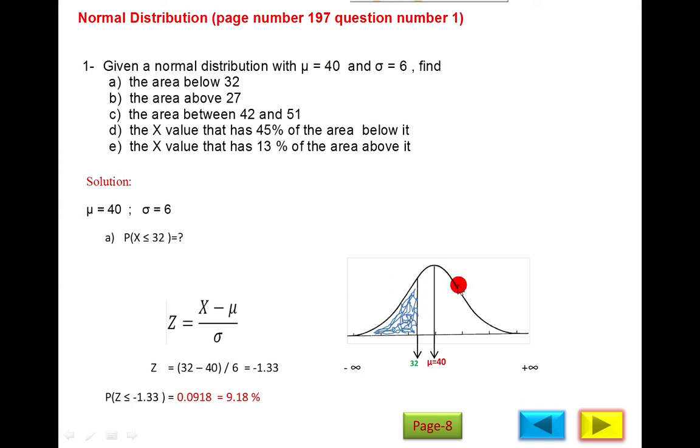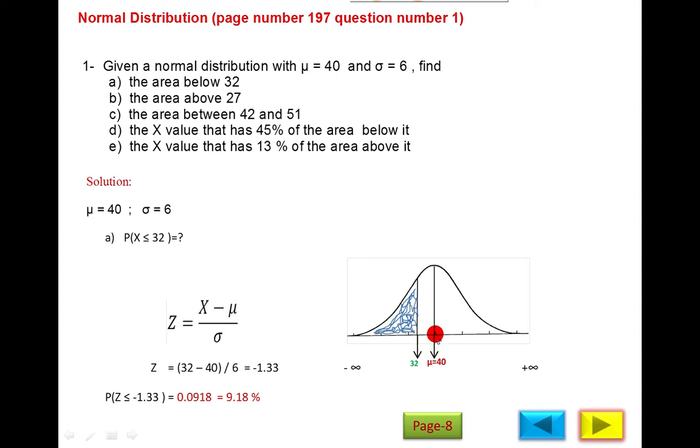So total area under the curve, if you collect the data, the average is 40 and 32 will be less than this 40. So find this area, the area below 32. How many observations in the collected data are less than 32, or you can say the area below 32 in percentage or in terms of probability.